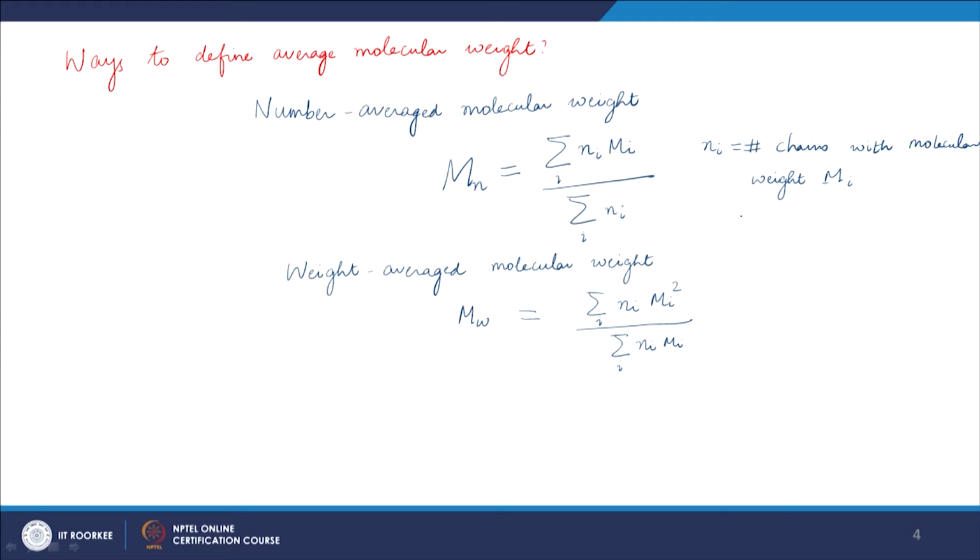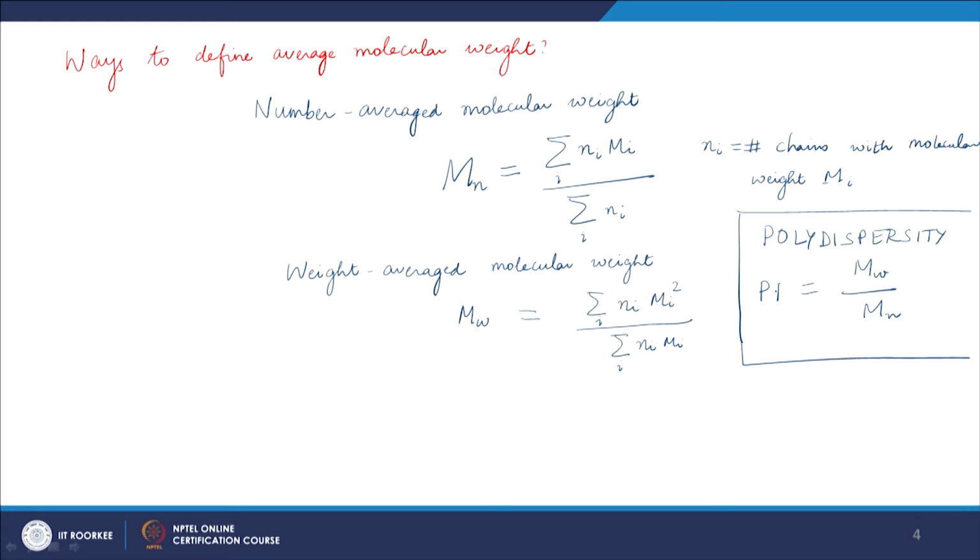Okay. And using these two, we can define what is known as polydispersity as a ratio of the weight average molecular weight and the number average molecular weight. And I want to establish that this quantity, typically referred to as PD, is equal to 1 when it is monodispersed.